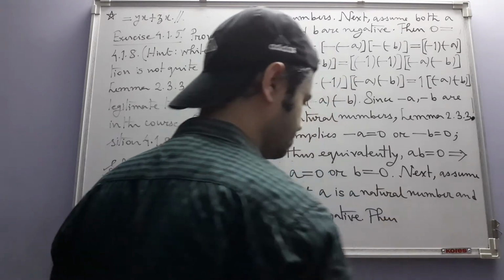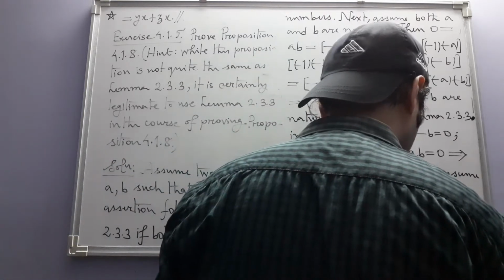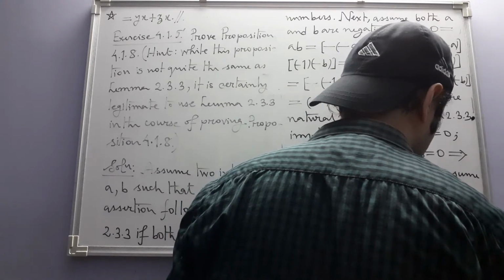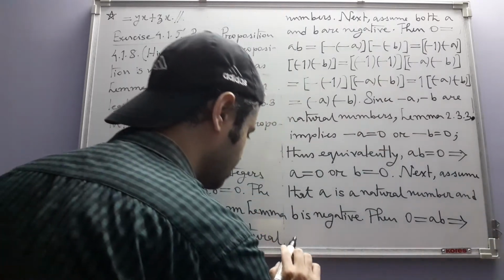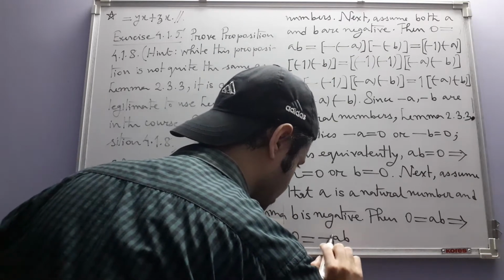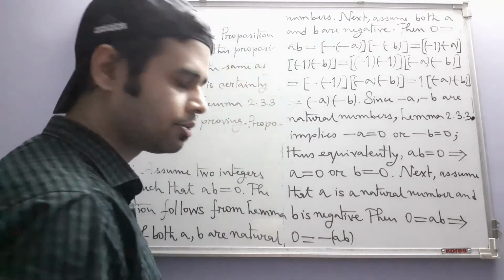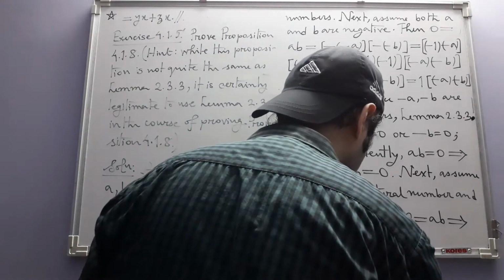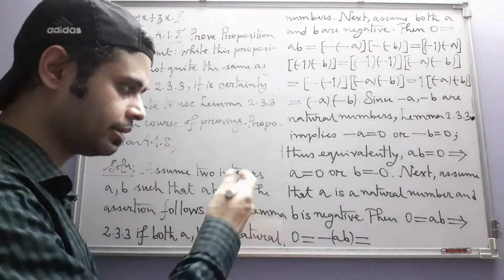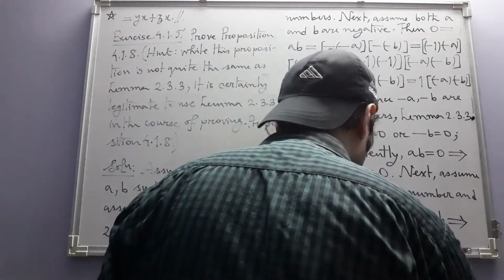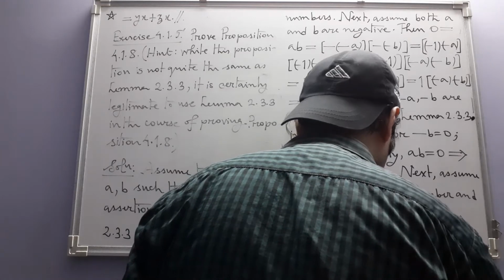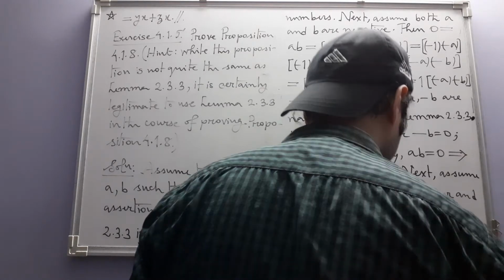Then 0 equal to ab implies 0 also equal to minus ab. If ab is 0, then minus ab is also 0, according to the definition of negation and an integer being 0. Okay, so this again using that exercise 3, I can write it like this.